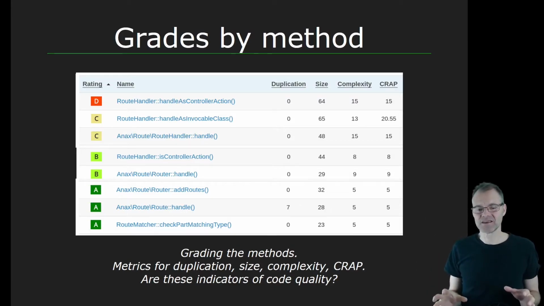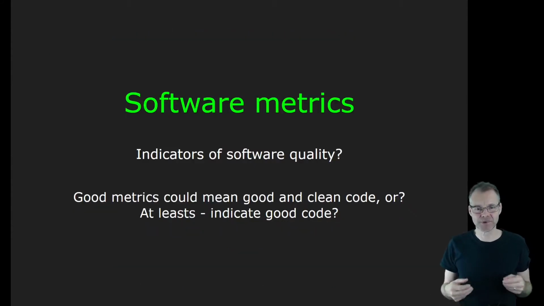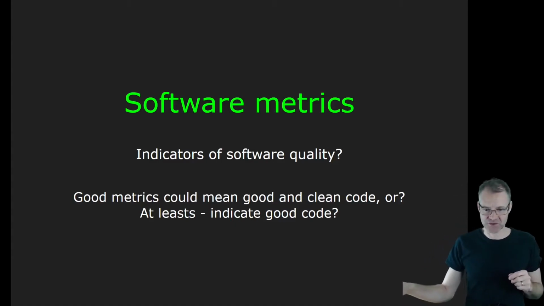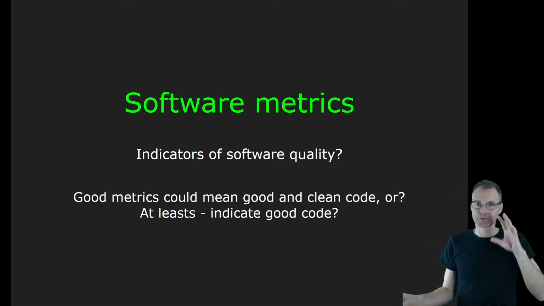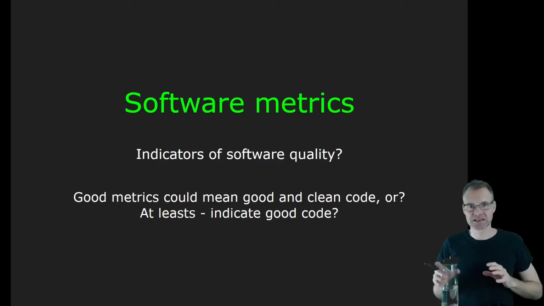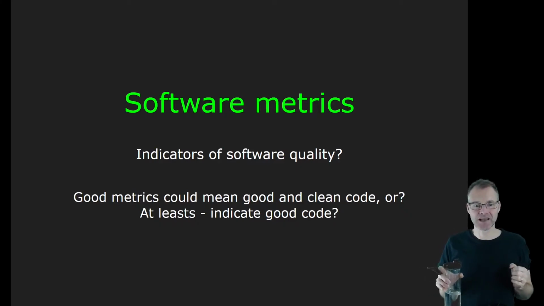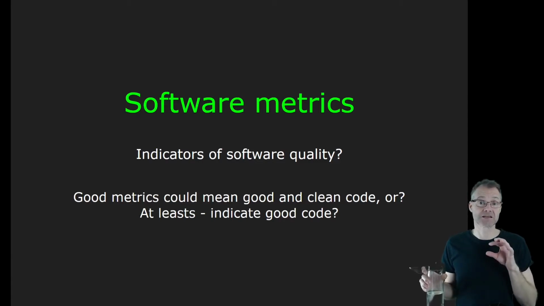Do you think that these are indicators of code quality? Yeah, I think we need to learn a bit more about them before we proceed. So, software metrics. Can they really be indicators of software quality? And what kind of metrics are actually used when someone says that your software is graded as B? How can they do that?